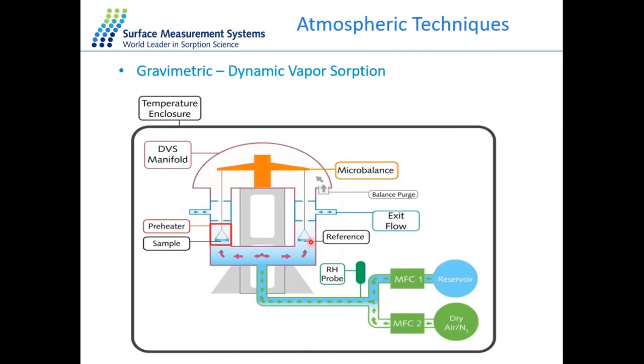So some atmospheric-based techniques that can be done and measure the BET surface area at room temperature and room humidity, or elevated temperature or elevated humidity, include dynamic vapor absorption.